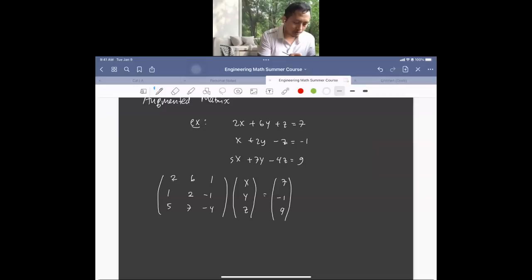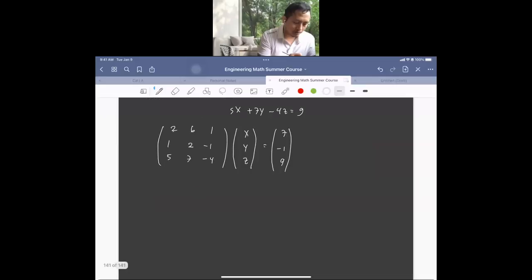But we can just take out the x, y, z, and write 2, 6, 1, 1, 2, -1, 5, 7, -4, then a straight line, and then the right side is 7, -1, 9. This form is called the augmented matrix, or we can say the matrix of the system.